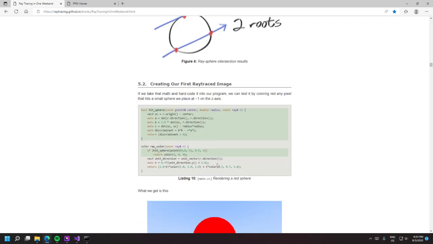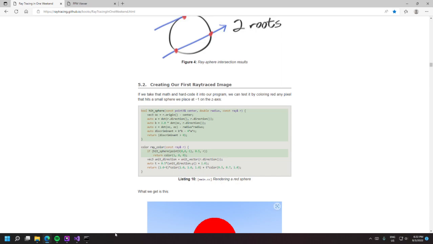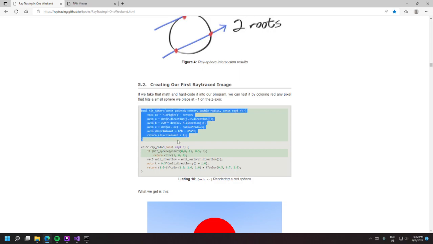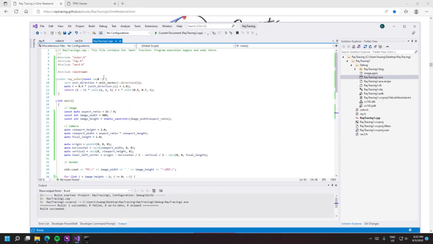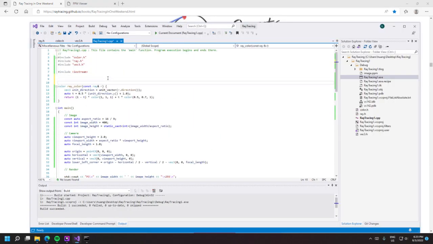Okay, so we are going to do a hit sphere. This is all a very new function. Let me copy and paste this.